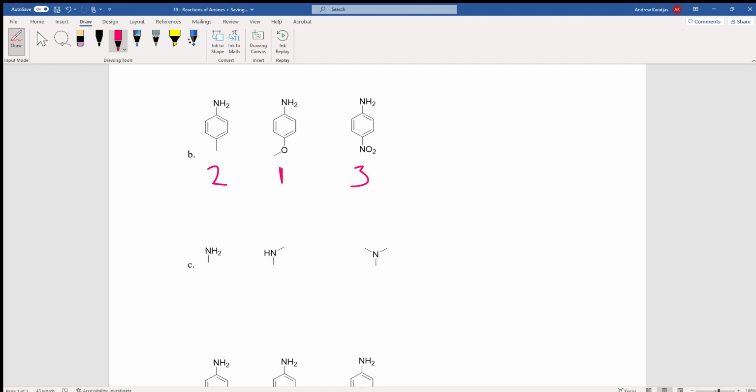Unless we end up in a slightly weird situation like we do in part C. So methyl groups are electron donating. And we actually went over this exact example in class. We said that the more methyl groups we add, the more basic something will normally get.